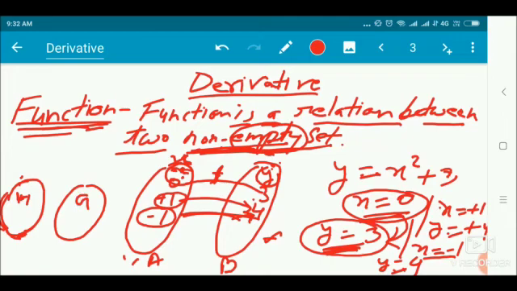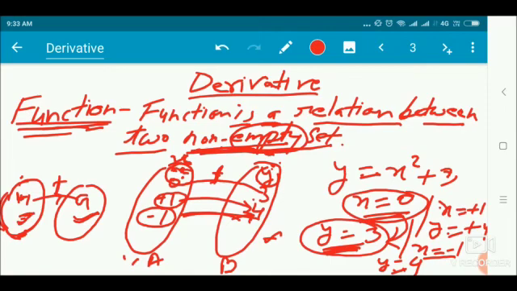As I said earlier, a function is a relation between two non-empty sets. There is a relation between minus 1 and plus 1 to 4, and between 0 and plus 3 as well. Clear?